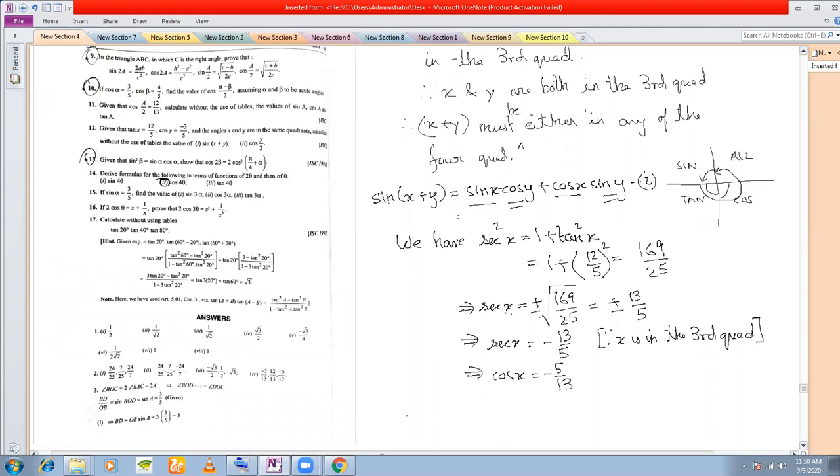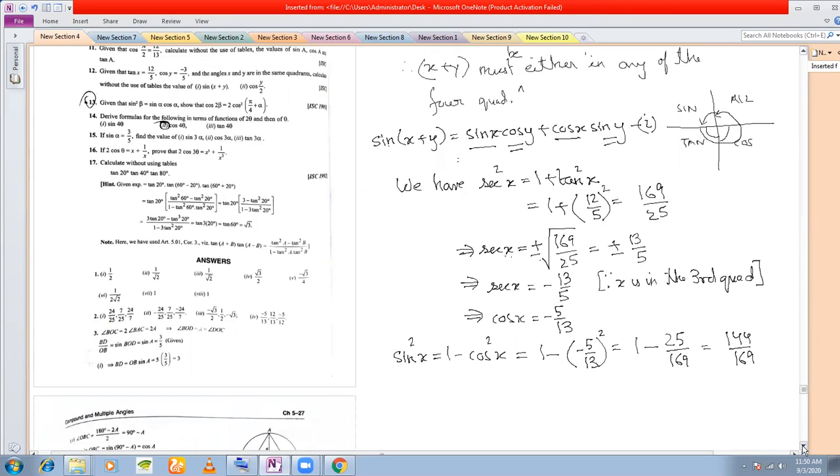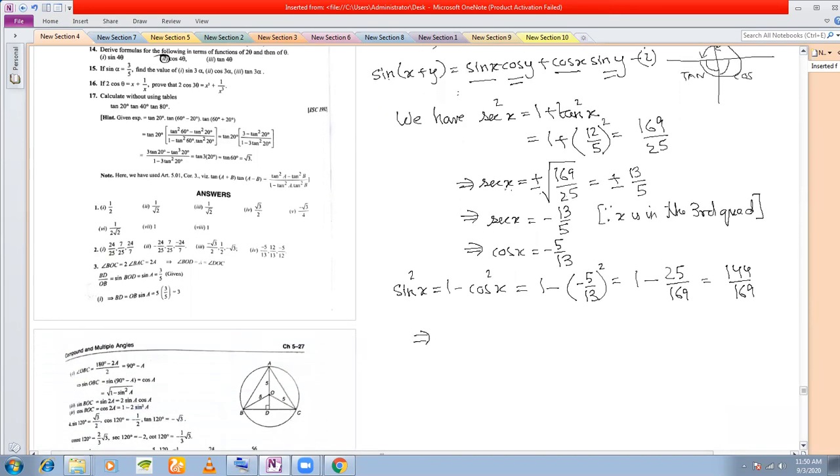We shall now find out sin x. Sin square x is equal to 1 minus cos square x, which is 1 minus (5 by 13) whole square, which is 1 minus 25 by 169. If you take the LCM, you get 144 by 169. So therefore what is sin x?